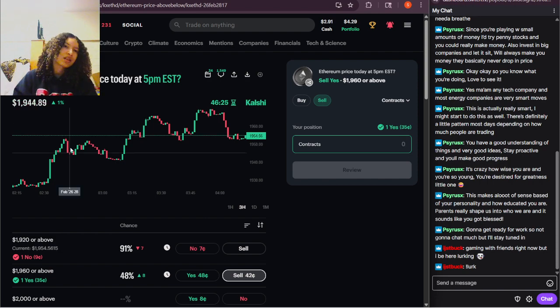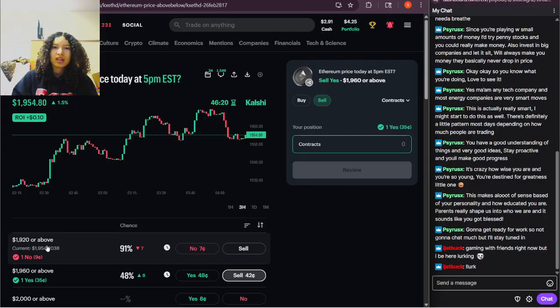So I think I understand why people aren't betting on this now, because Ethereum seems to move up in slower increments than Bitcoin, because Bitcoin seems to move up like one every time. This one moves slower. Even though it does move with Bitcoin, it moves at slower increments.